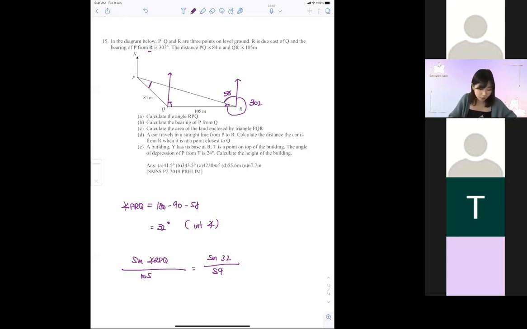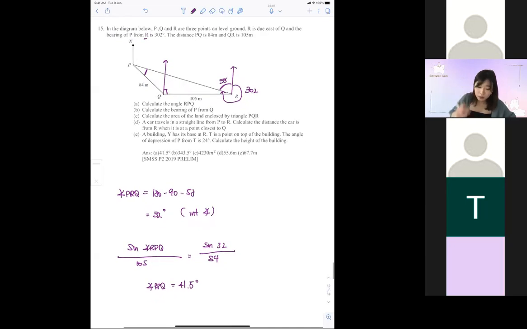Okay, sorry, let me put calculator. Sine 32. All right, okay. So angle RPQ, you found it, 41.5.